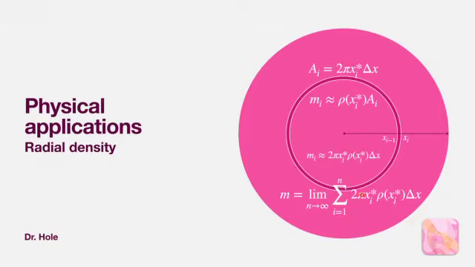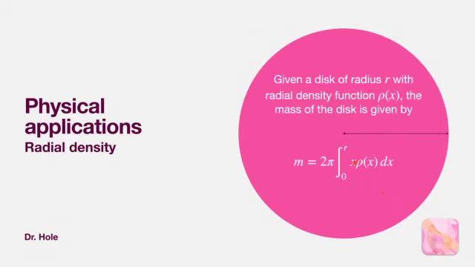So note that the formula involves the constant 2 pi as well as the radius x multiplying the density function. So this is a little bit different from the linear density function, where we have to attach to each location on the interval 0 to r a circumference measurement.